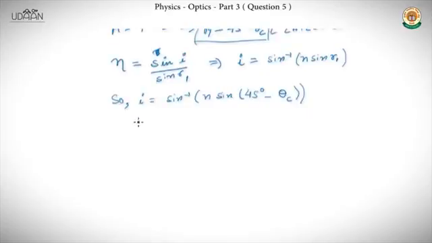Now by applying simple trigonometric ratios we get a trigonometric formula. We get i is equal to sine inverse of n by root 2 cos theta c minus n by root 2 sine theta c.